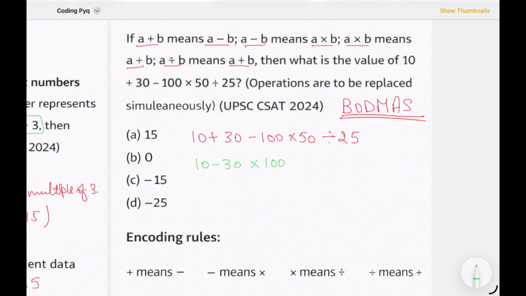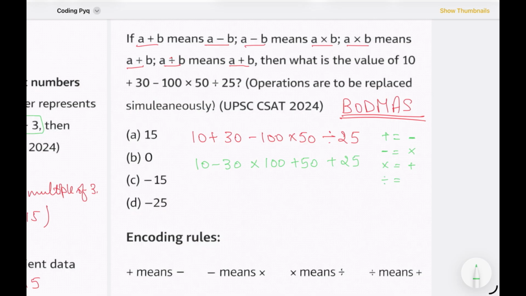Now A into B means A plus B. यानी कि multiplication is equal to plus. And A divided by B means A plus B. Here plus is equal to minus. Minus is equal to multiplication. Multiplication is equal to addition.